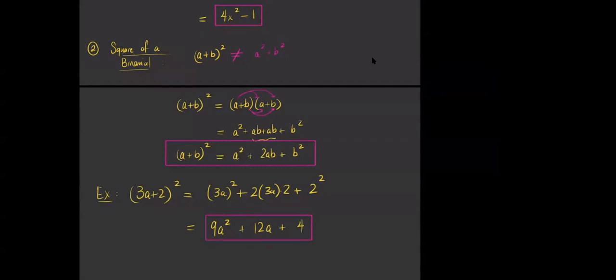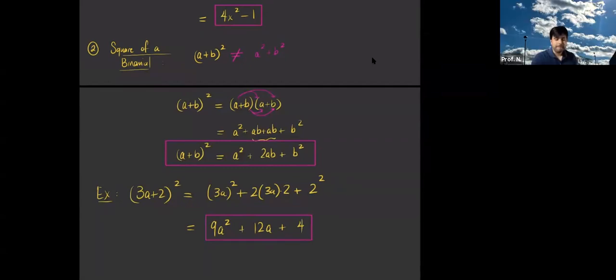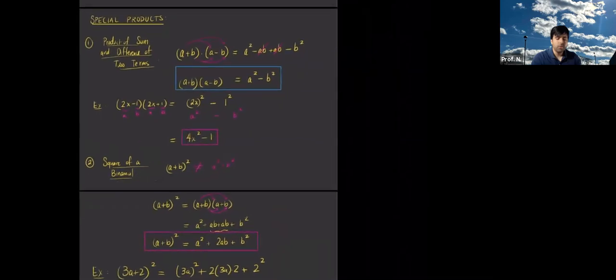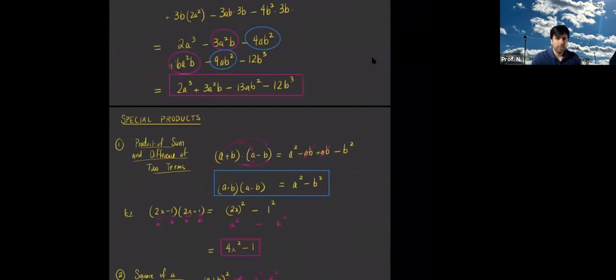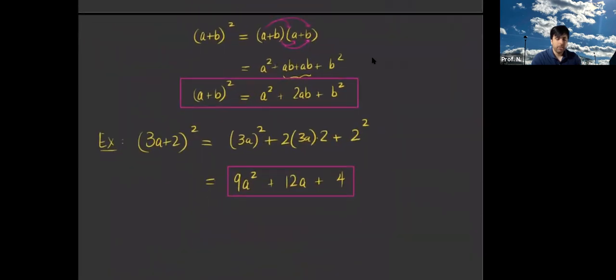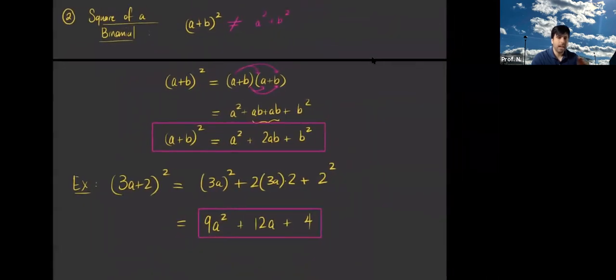Okay. So I'm only introducing two special products. Normally, we just multiply things out the way we've done so far. It's just that when you have this particular scenario where we have a square of a binomial, I already know that the square of a binomial will produce something of this form.